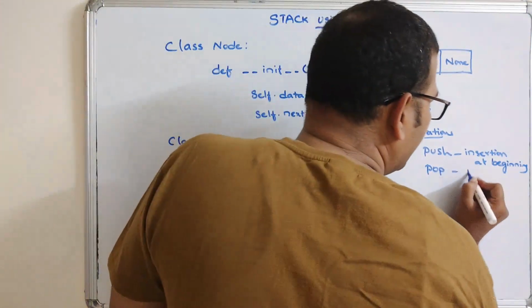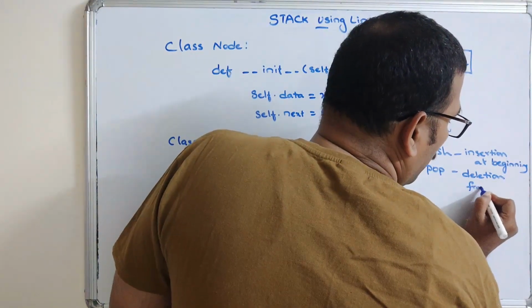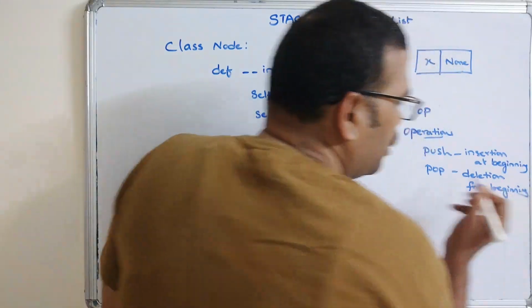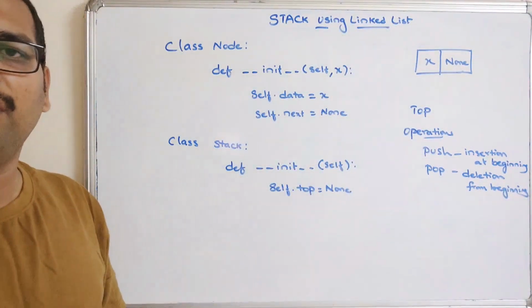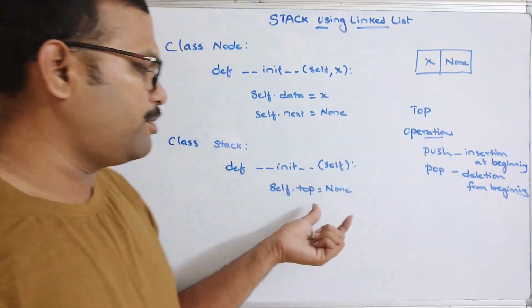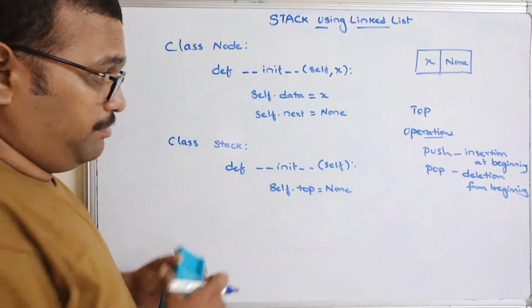And pop means deletion, which is also performed from the beginning. So the insertion and deletion will be performed from the beginning itself. That means the top element will be deleted, right?